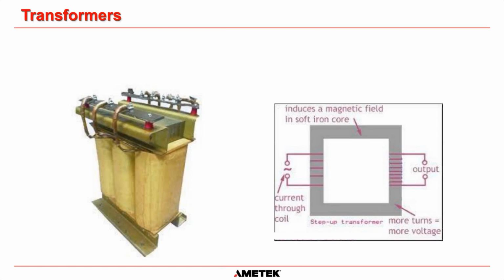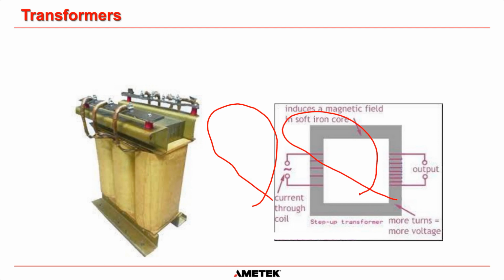You can see on the drawing at the bottom right-hand side of the screen that the primary windings are not in any way, shape or form connected to the secondary windings. They are completely isolated.